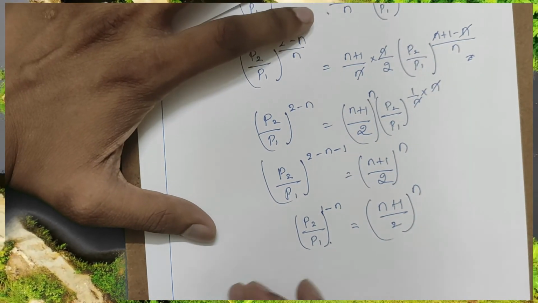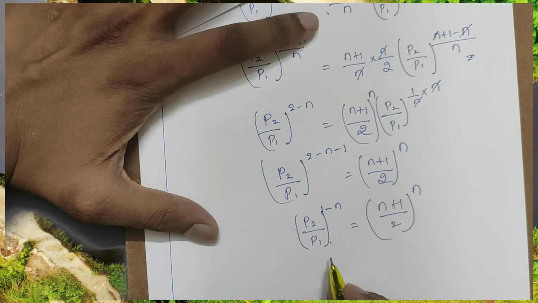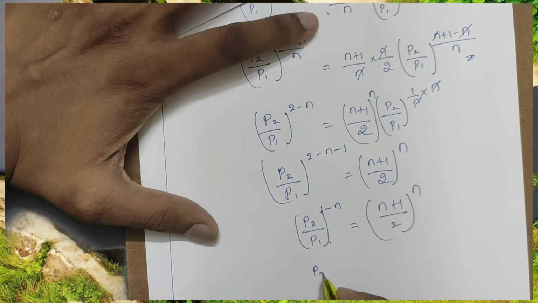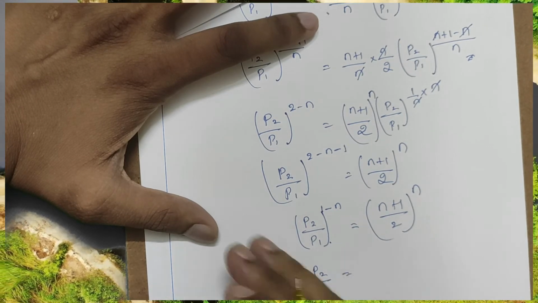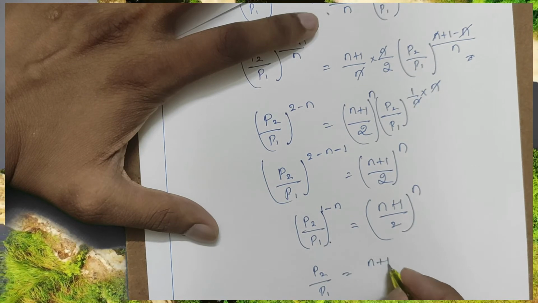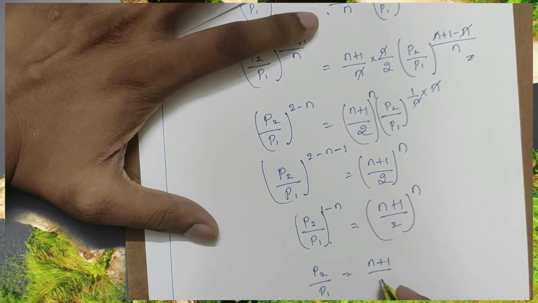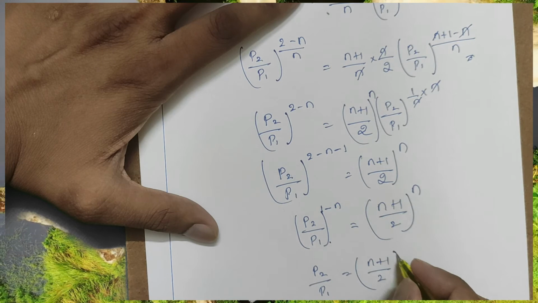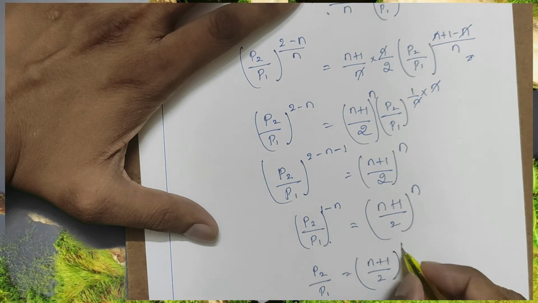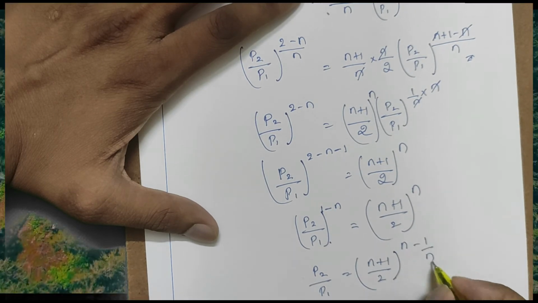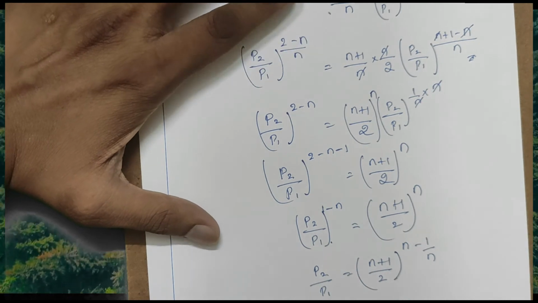Okay, so next, you can observe. P2 by P1, if it goes to that side, you'll get (n plus 1) by 2, to the power n into minus 1 by n. If it goes to that side, you'll get minus 1 by n.